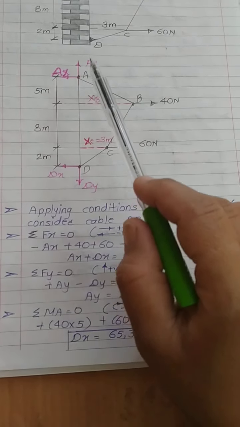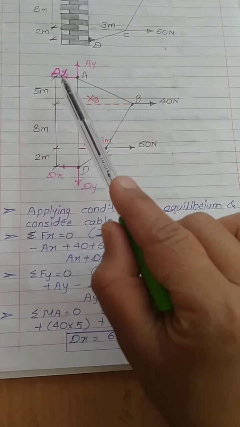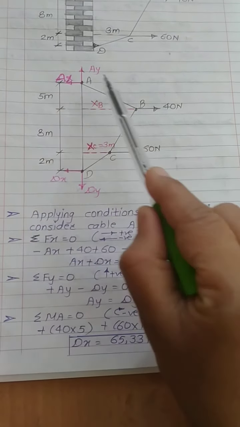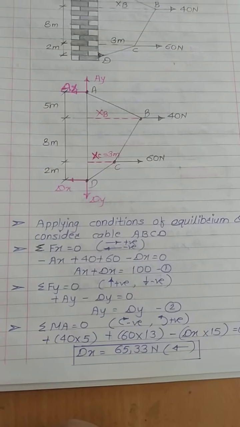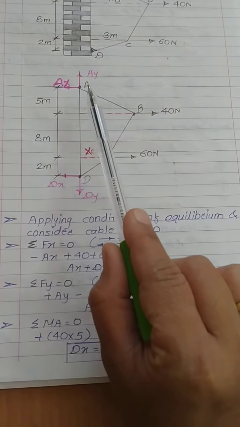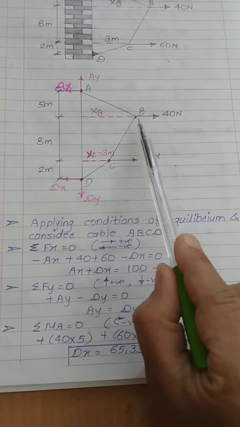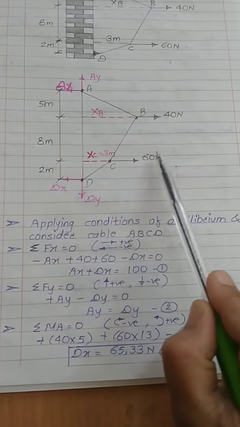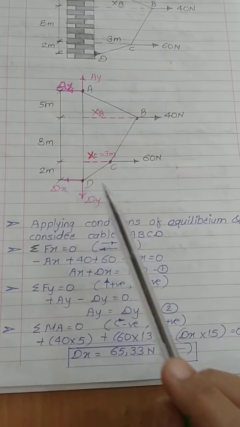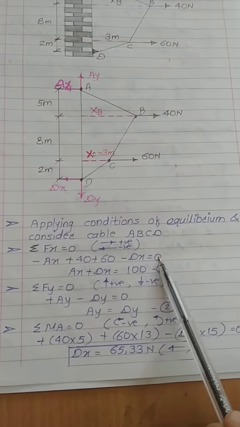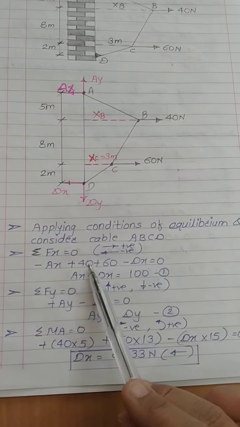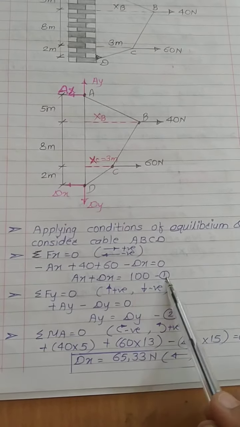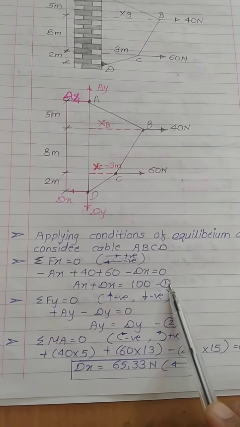If you observe this free body diagram, this is the horizontal force Ax, 40 Newton, 60 Newton and Dx. Now according to my sign convention, my equation will become minus Ax plus 40 plus 60 minus Dx equals 0. So the equation will become Ax plus Dx equals 100. Let us call this equation number 1.